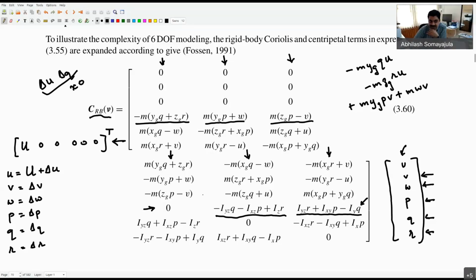Under the linearization assumption that any two products will be close to 0, can I say that this term will have absolutely no contribution? Yes, sir. What about this term? That also will be 0, right? Because this thing will be multiplied by q, and we know that that term will also become 0. This term anyway is 0, so it's not going to cause much trouble.